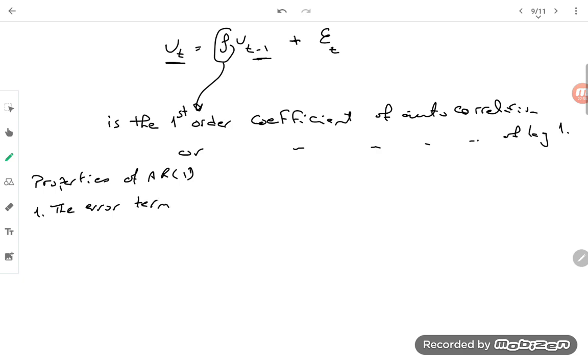So this means u t is not only correlated with u t minus 1, but u t minus 2, u t minus 3, and so on.